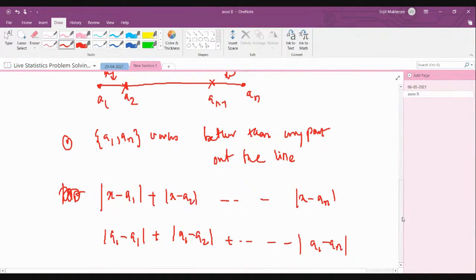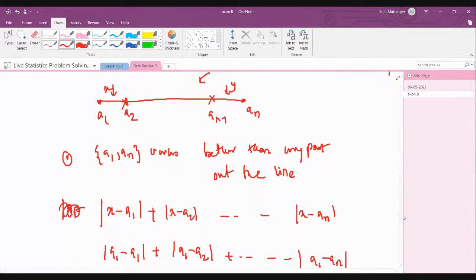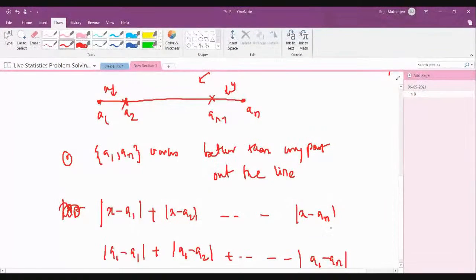Can you tell me which one is greater? Which will be greater for x?